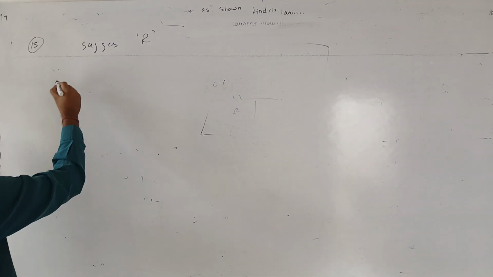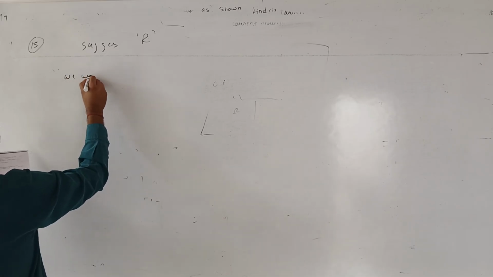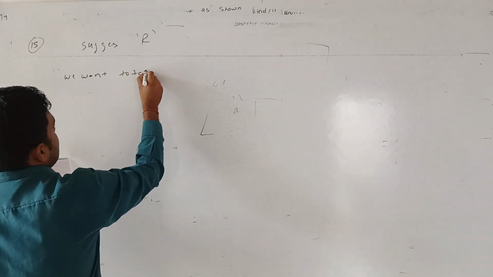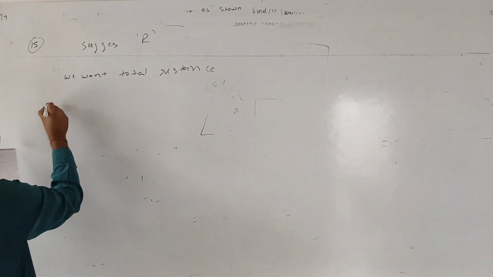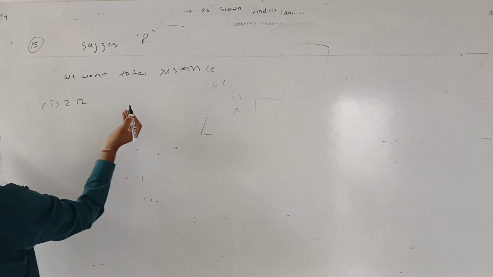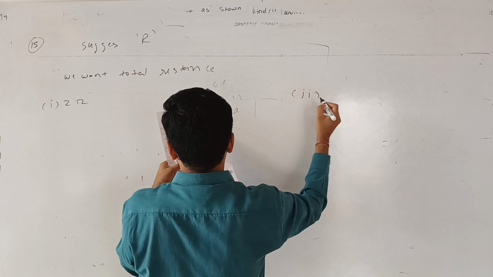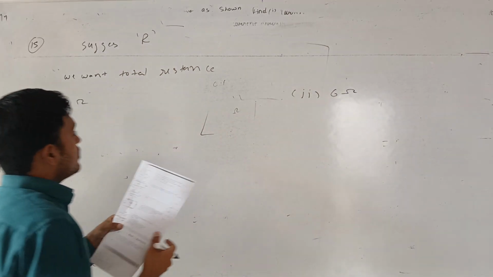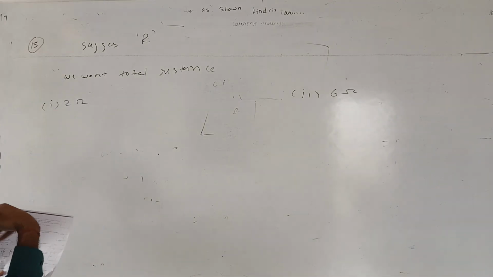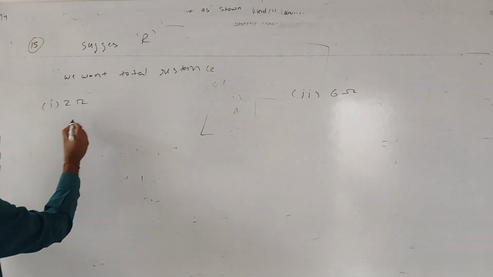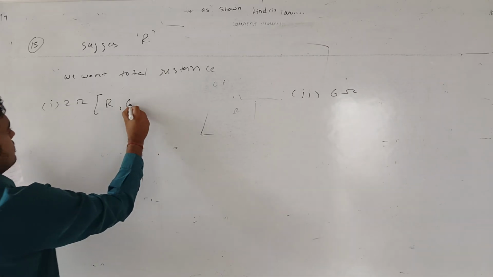We have to get equivalent resistance. We want total resistance. First, we want a total resistance of 2 ohm, and second, we want a total resistance of 6 ohm, and we want to get it from R and 6 ohm resistance.